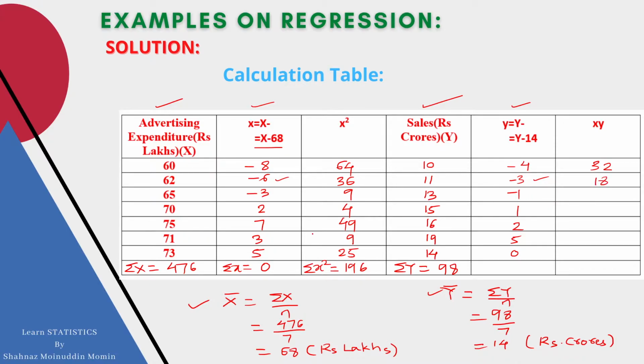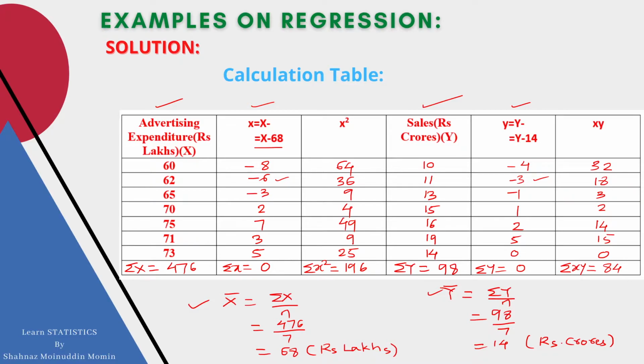Likewise, minus 1 into minus 3 is 3. 2 into 1, 2. 7 into 2, 14. 3 into 5, 15. 5 into 0 is 0. After taking the addition, summation xy is equal to 84, and this sum of deviation of y from its mean is also 0. This is due to the property of arithmetic mean of deviations from the observation.